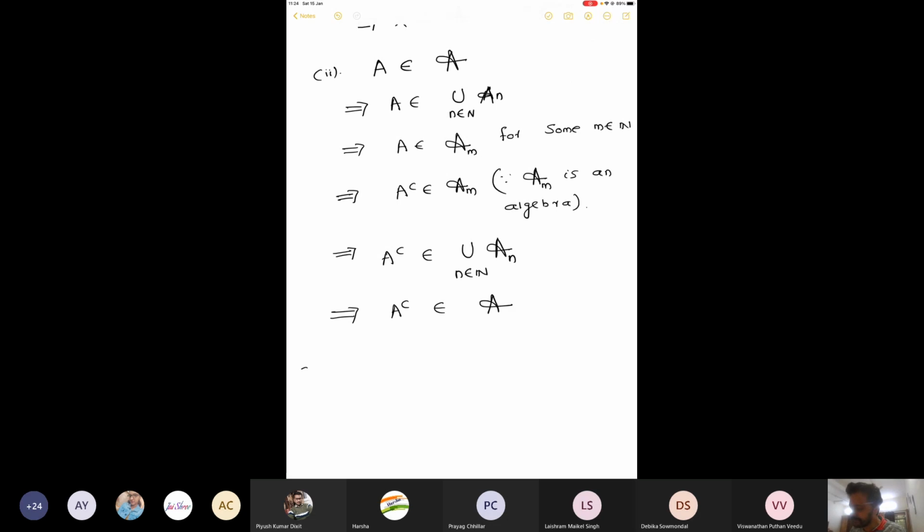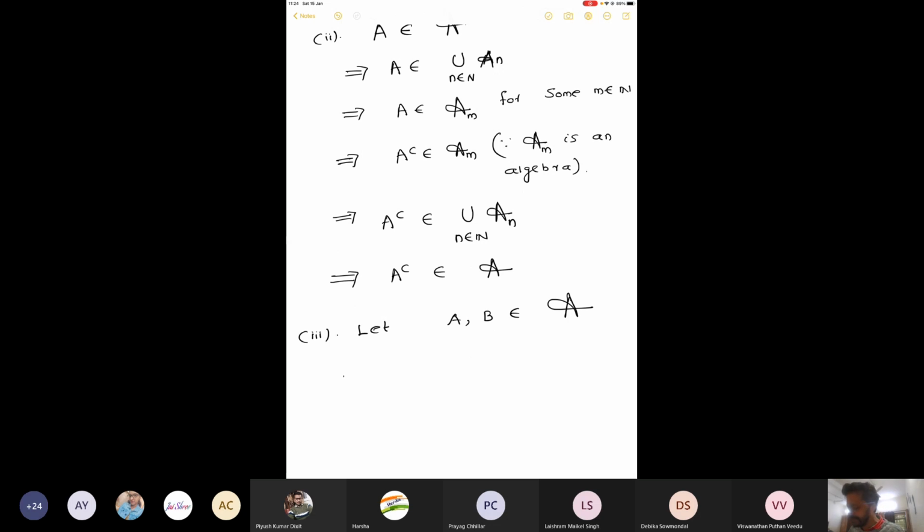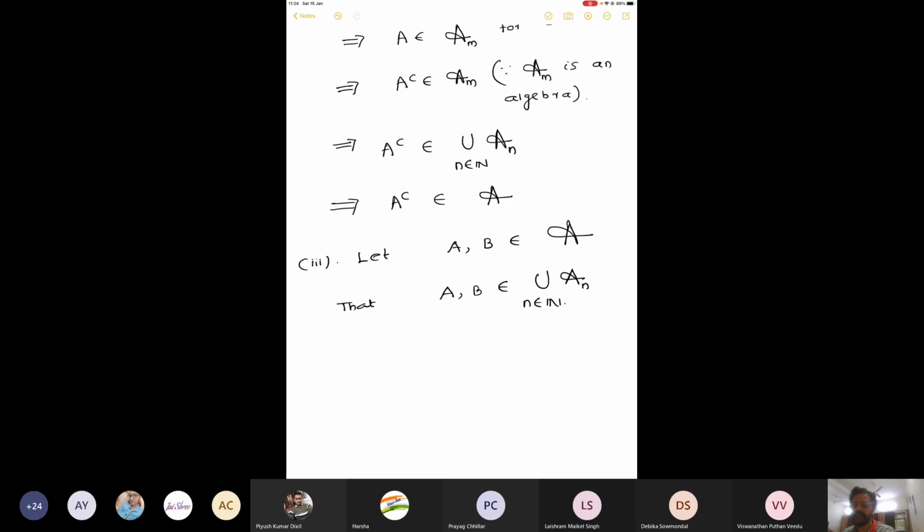Now the third one. That may be the only thing which is slightly non-trivial. Let two elements I pick from script A. That means A and B are in union script A_N, N belongs to N. Now, can you say how to proceed?